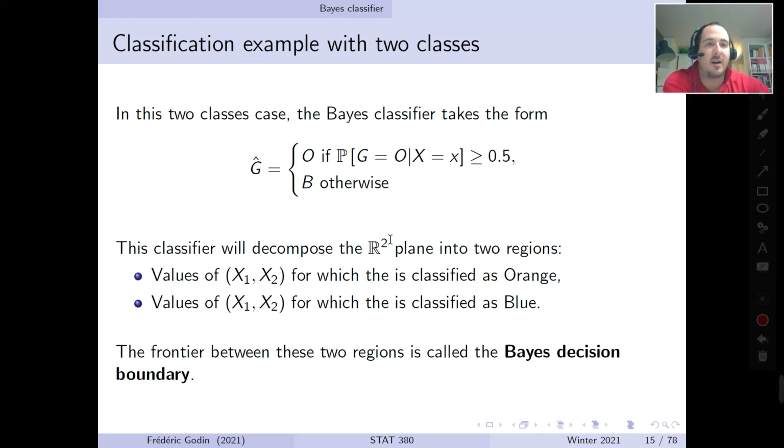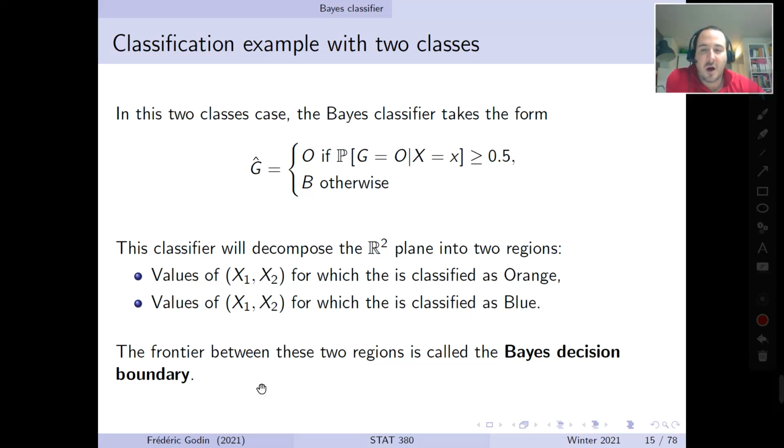So the classifier will split the plane into two regions. One region will be the values of the predictors for which the observation is classified as orange, and the other the values for which the observation is classified as blue.